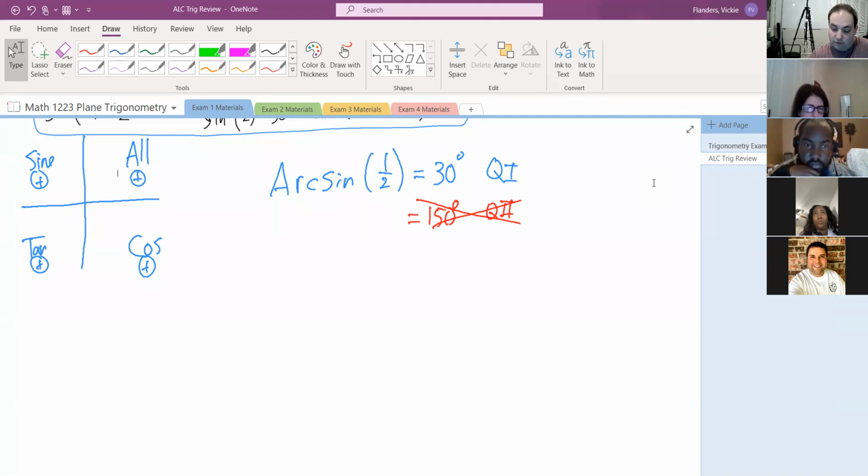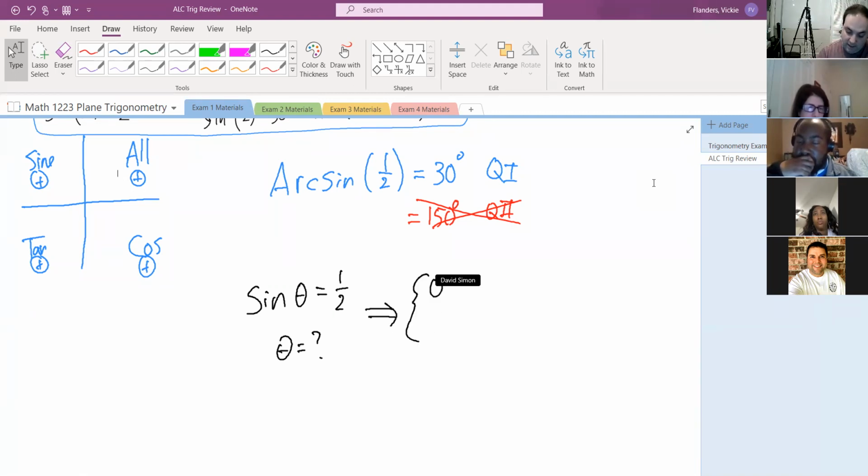So even though 150 would be a correct answer to a question phrased like this, if I were to say sine theta equals 1/2, theta equals question mark, this question has the answers that theta is equal to 30 degrees or 150 degrees because of the way I phrased it.